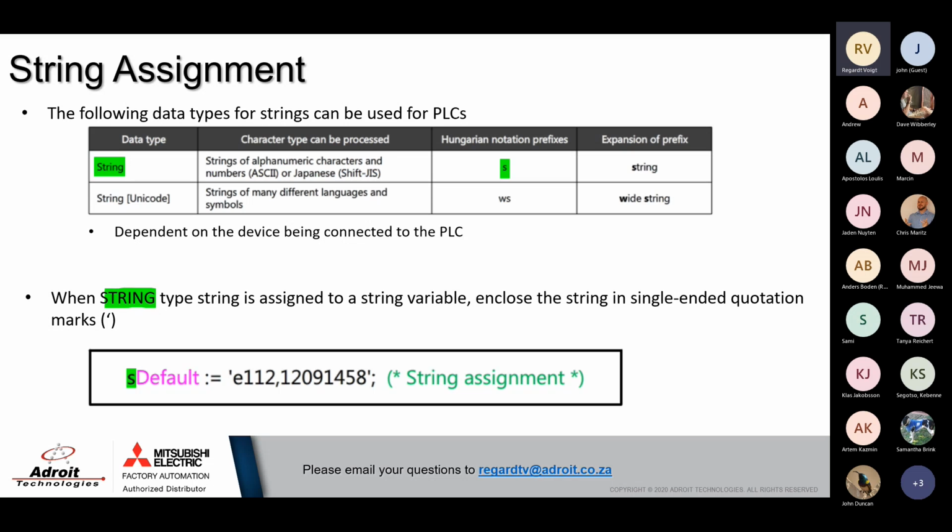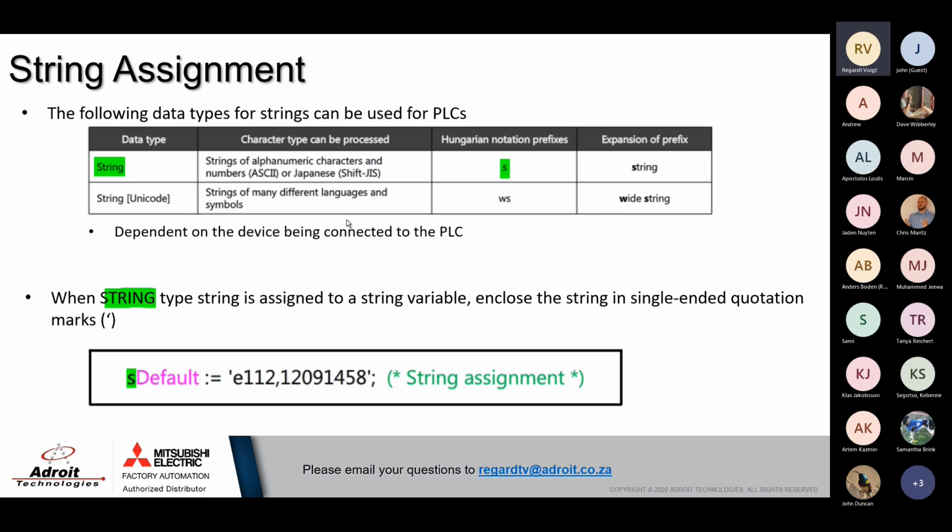If you look at the Hungarian notation again, your classical ASCII alphanumeric characters would have an S prefix. And if you have strings or characters from different languages, for example, you'll have a WS prefix in your Hungarian notation, which is a wide string.